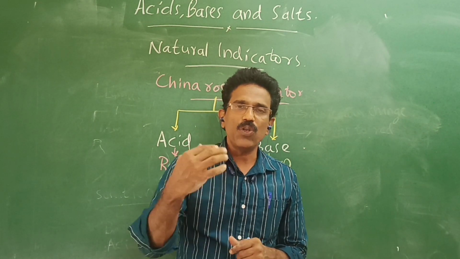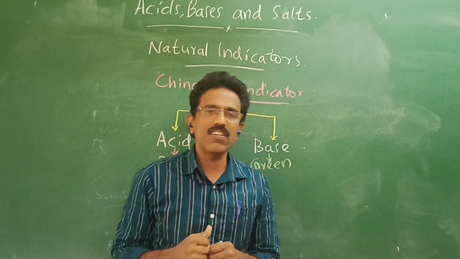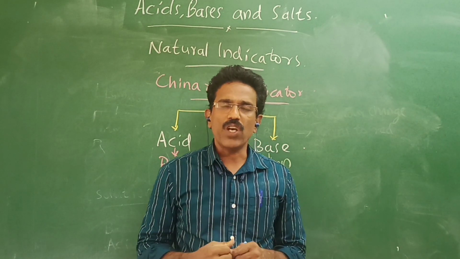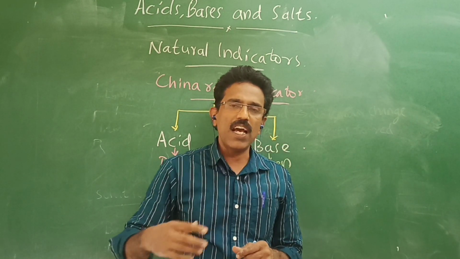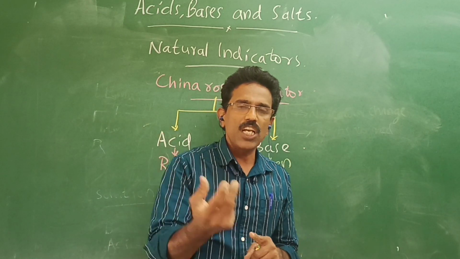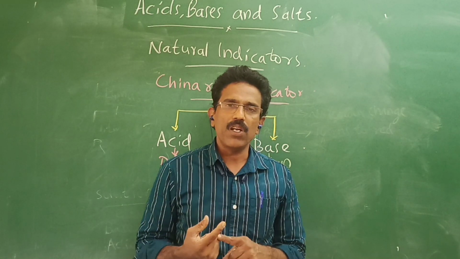You know, at your home you may be having lemon juice. Lemon juice contains citric acid, or vinegar or curd. You can test these papers, natural indicators. You can prepare turmeric paper or China-rose paper or cabbage paper, like that.